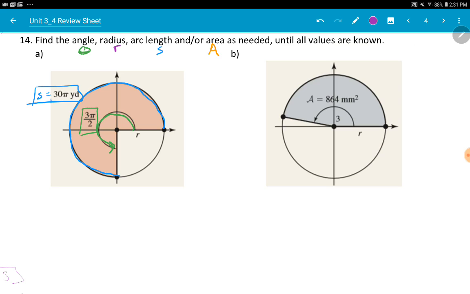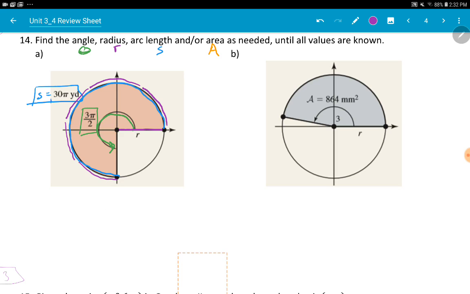There's a relationship between the radius, the arc length, and the angle, because these angles are measured in radians, which means it's the number of radiuses that lie along this line. So how many radiuses can I fit on this arc length? That's the definition of the angle.